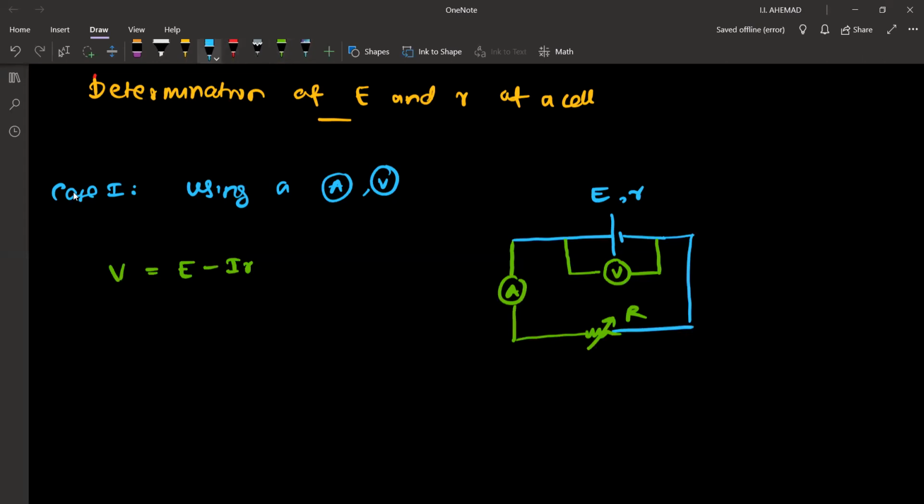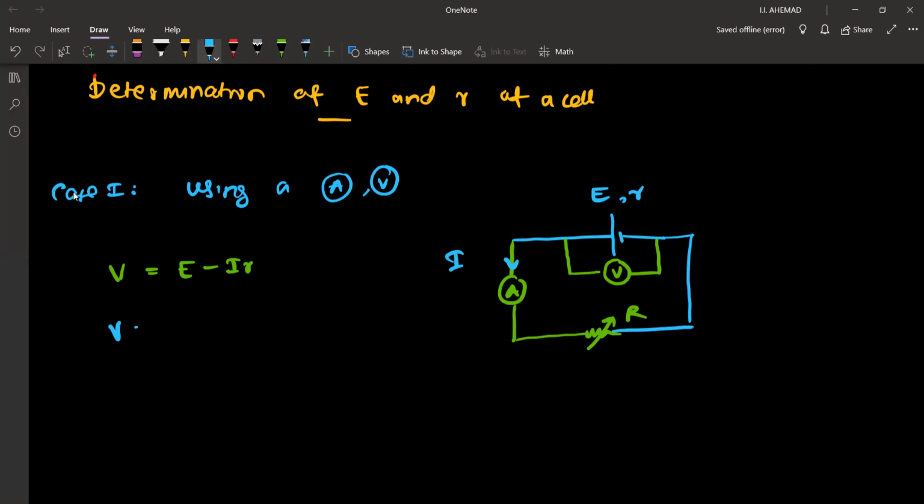Now in this setup, we can change this resistance. When we change the resistance, the current in the circuit is going to change. So current is my independent variable.